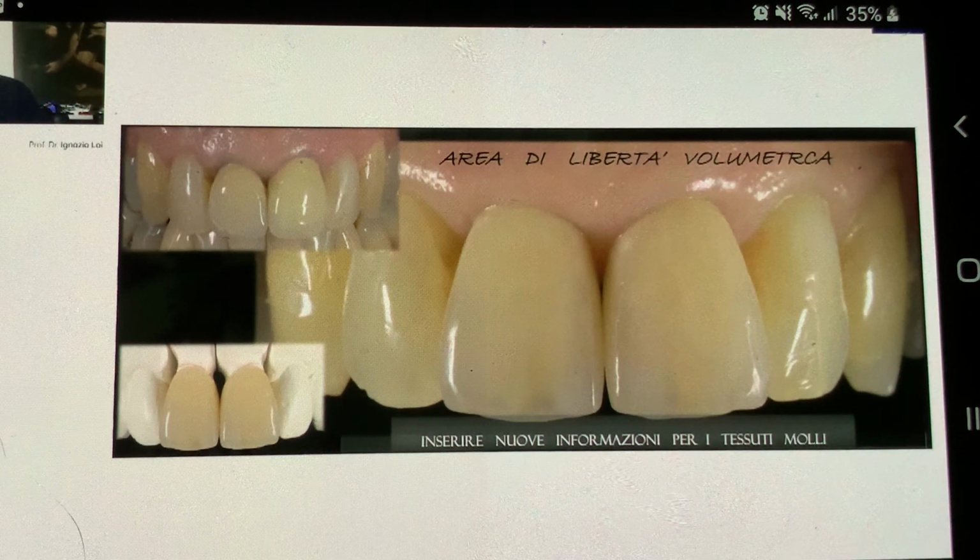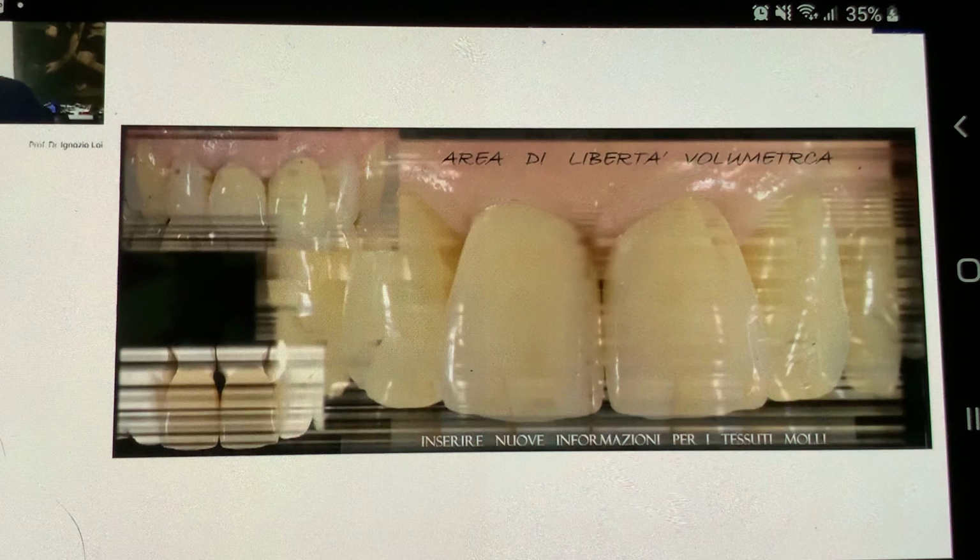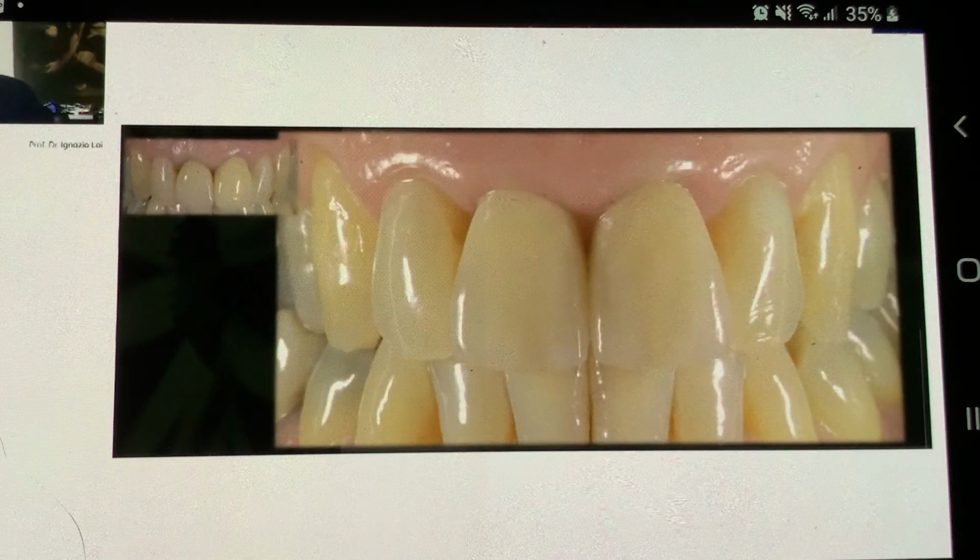So we provide new symmetric information to the tissues, and the tissues respond in this way.